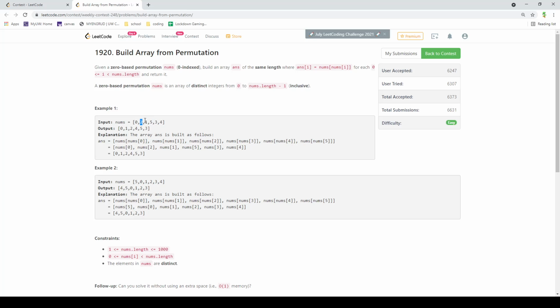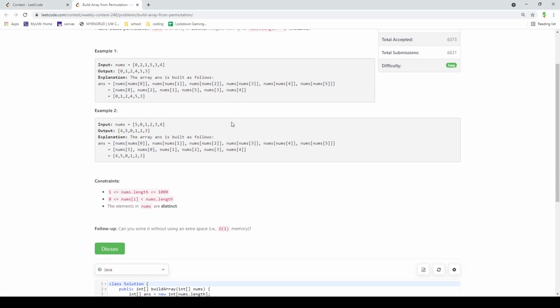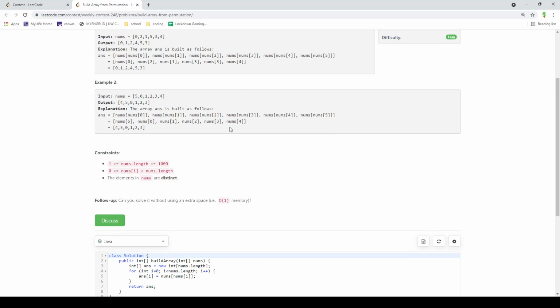So then we will look at index 2, and that's the number we need to put in our answer array at index 1. And the same logic keeps on going. So for example, for index 2, we look at this number and it's index 1, and we put this in. So this problem, we just do exactly as it says.